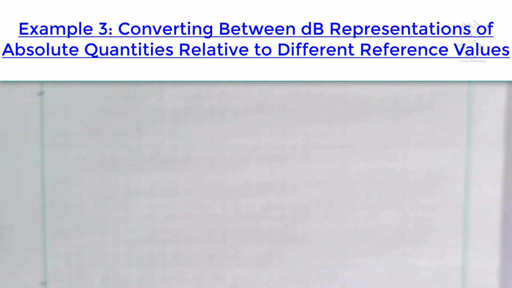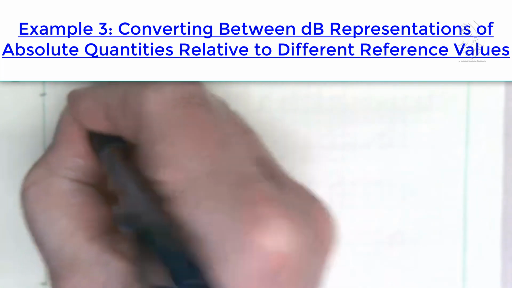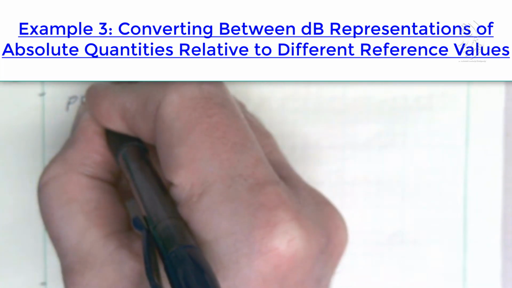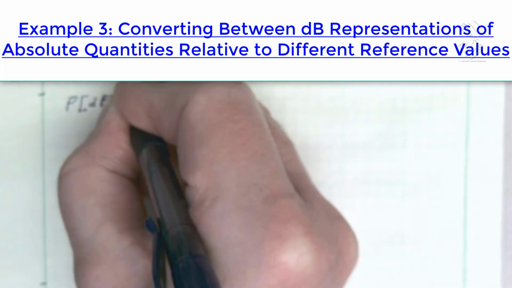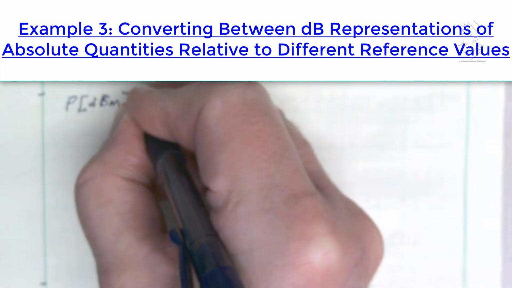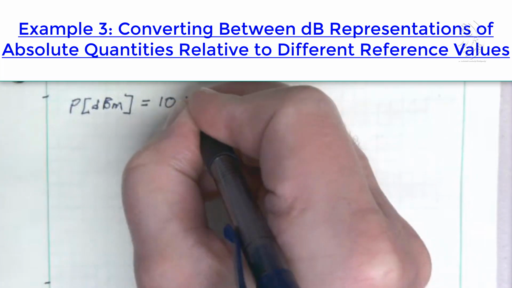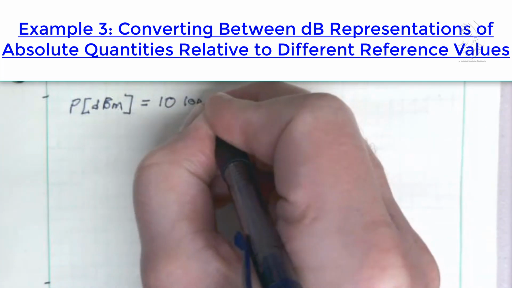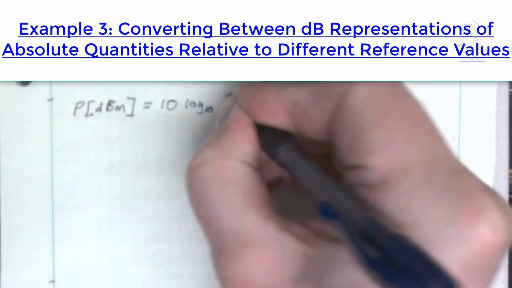To start with, we have the equation for expressing a power level in dBm, and that is equal to 10 log 10 of P over 1 milliwatt.